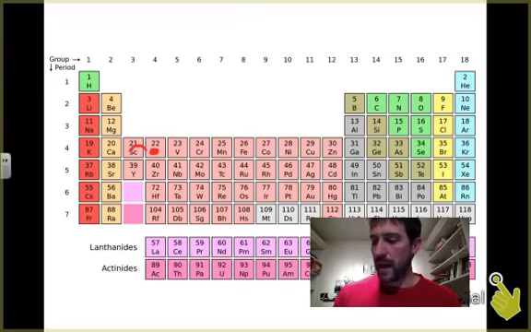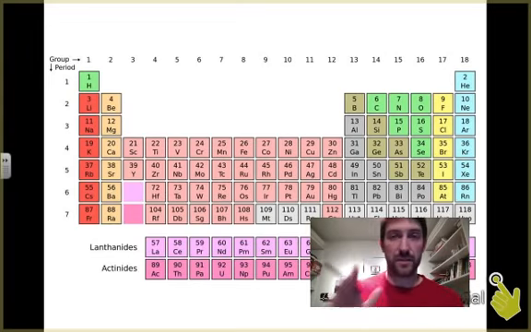And we work our way backwards in number, so decreasing, until we reach the next closest noble gas, and in this case that's argon, and argon has 18 electrons. Okay, so we'll remember the next closest noble gas, working our way backwards, was argon.